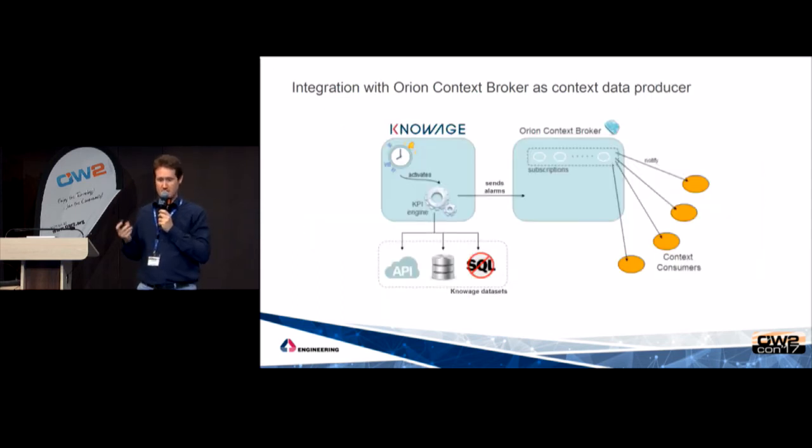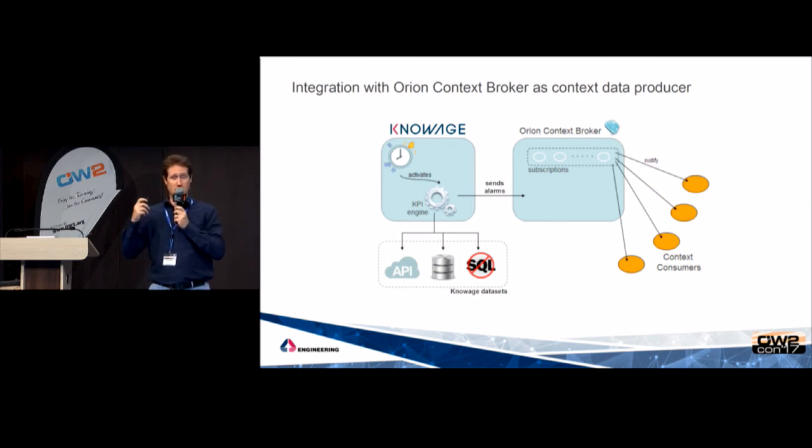The other scenario instead is using Knowage as context data producer. So I don't know if you have heard about KPI in SpagoBI and then in Knowage. The idea is that using Knowage, you can define complex key performance indicators. Those key performance indicators combine information coming from different sources, such as, I don't know, NoSQL database, REST API, whatever.